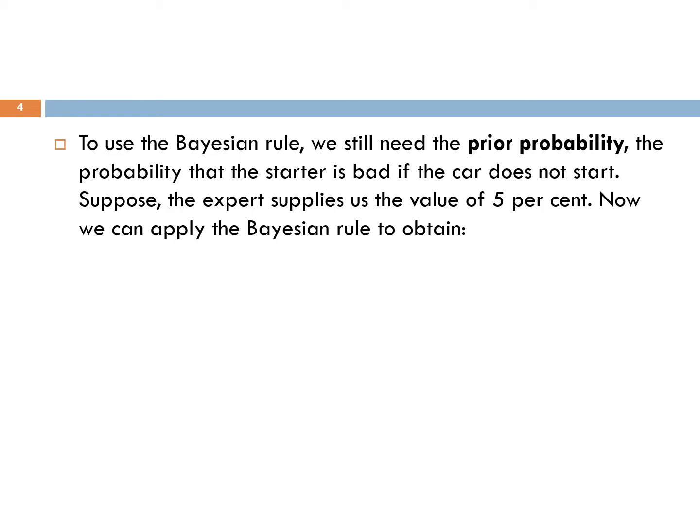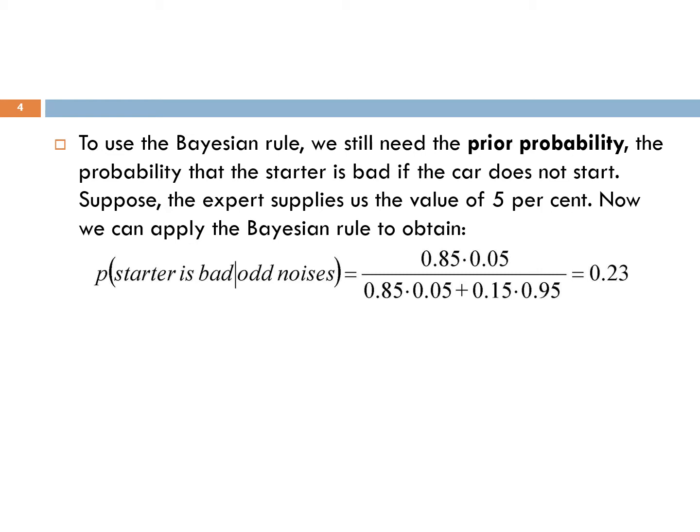Now we can apply the Bayesian rule to obtain the probability that the starter is bad and it produces the odd noises. This is the equation of the Bayesian rules, as we derived from the previous rules, with 0.05, the 5% supplied by the expert.